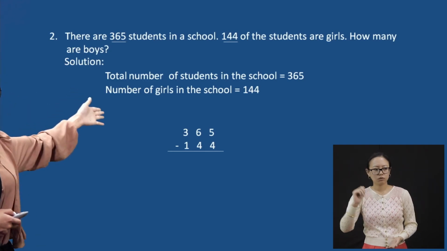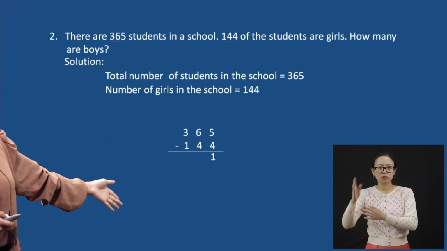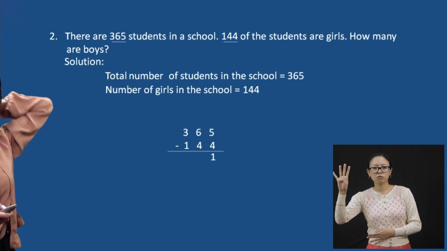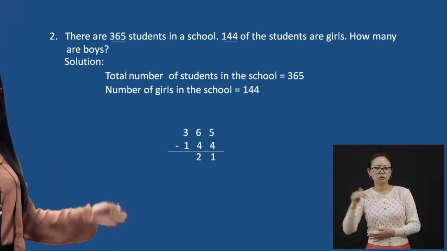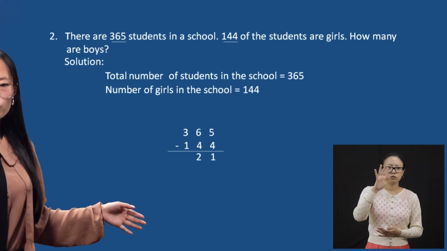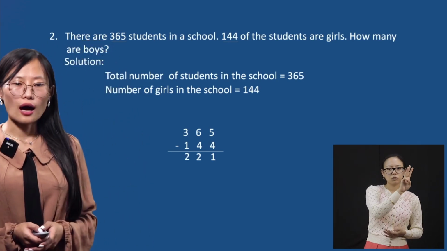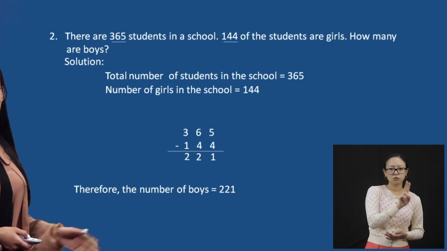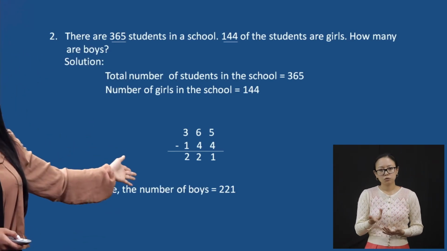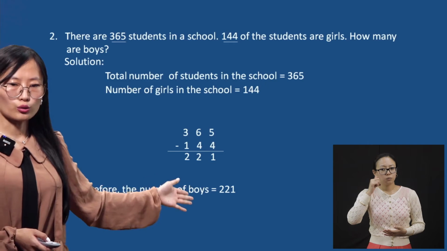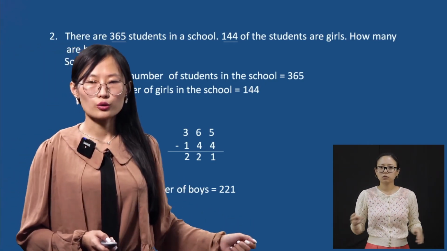So 5 minus 4 is 1. 6 minus 4 is 2. 3 minus 1 is also 2. So the number of boys will be 221. Therefore, the number of boys is equal to 221.